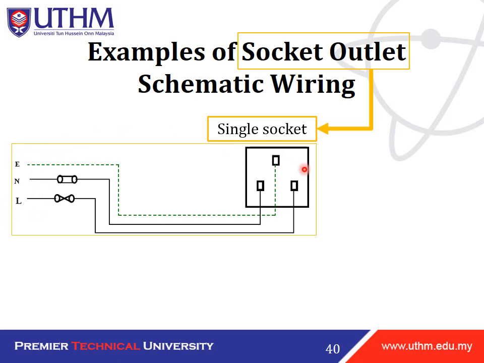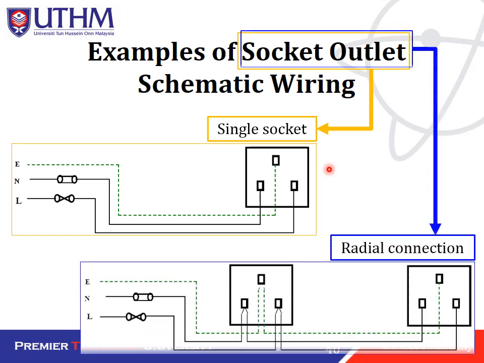And then the socket outlets can be in a radial connection. So radial connection is connecting SSO to a supply. So this is the example of radial connection.